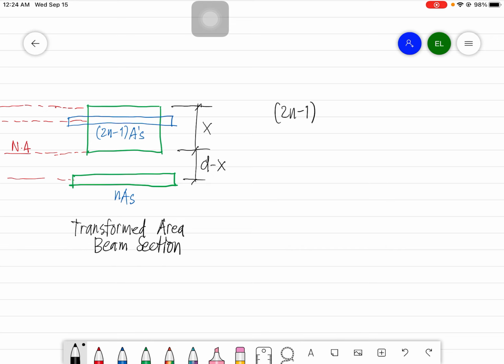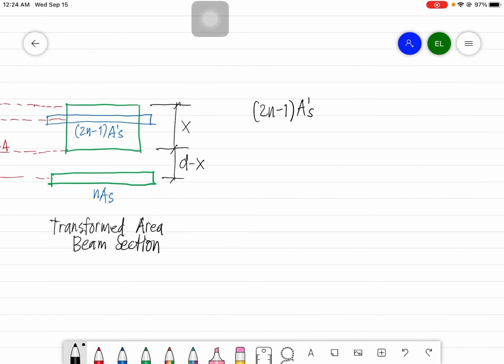Okay, so let me compute first the values of 2n minus 1 As prime.